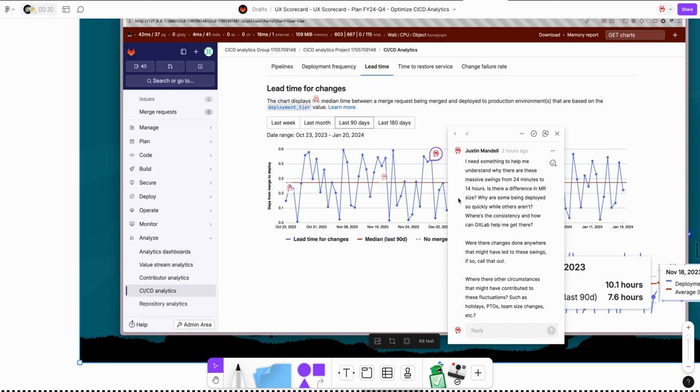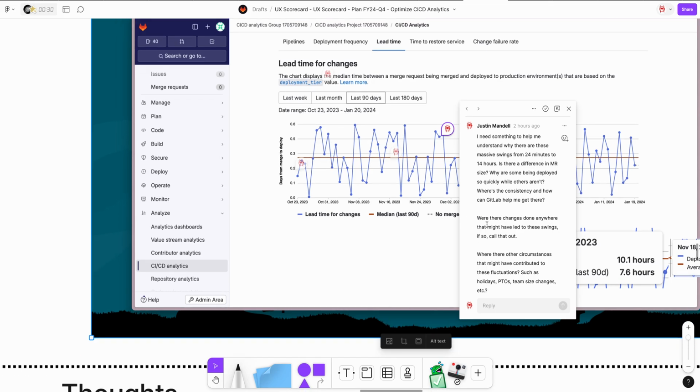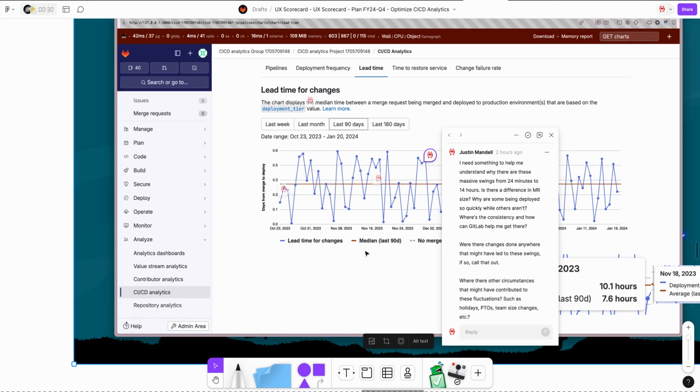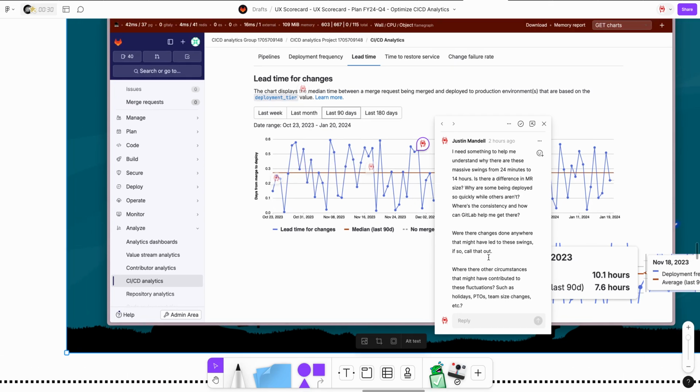Yeah, okay. Looking at these, I need something to help me understand. So same thing as I was saying earlier, help me interpret this data. Why are there huge swings from 24 minutes up to 14 hours? That shouldn't happen. Why is that happening? What can I do to fix that? That's weird. You know, these should be more consistent when you're looking at them.